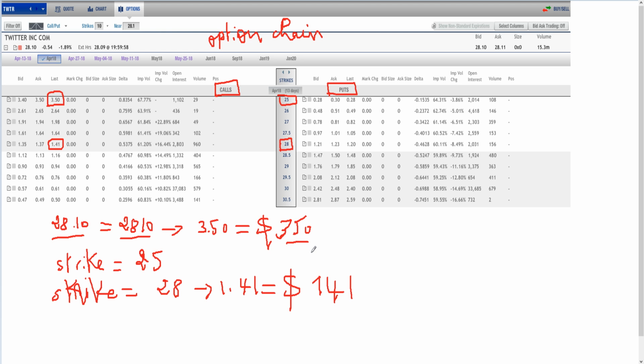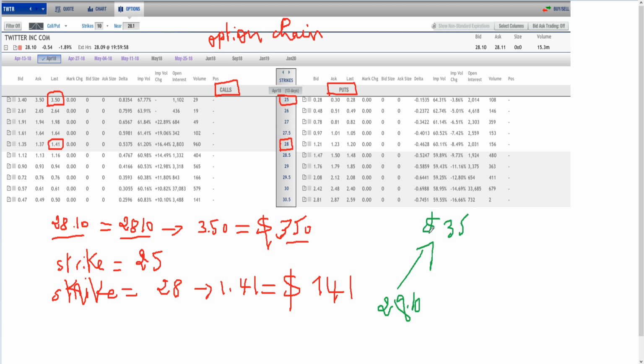So how can you choose between this strike and this strike? It is up to you what you want to buy. No one will tell you what to buy. Let's take an example. Let's say now the stock is $28.10 and it goes to 35.